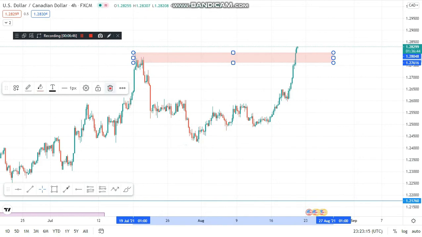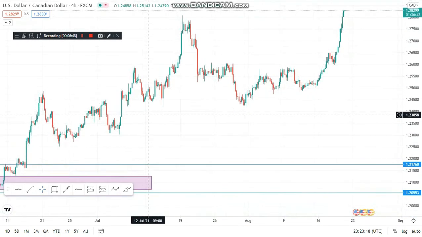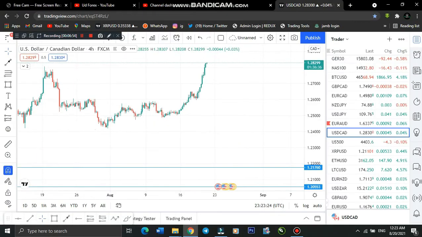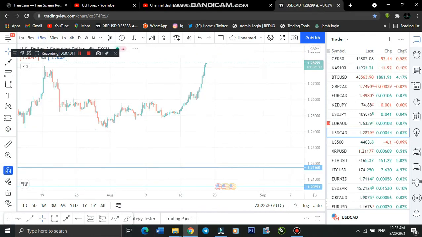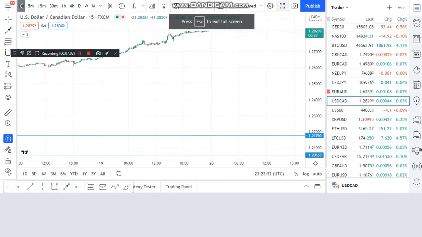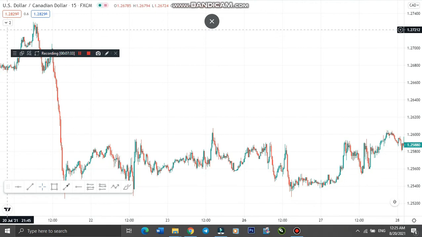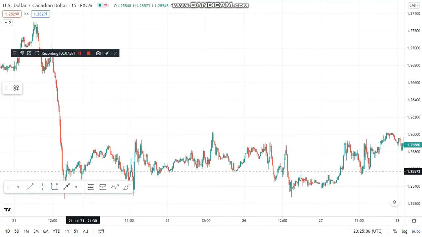Another example, I will show you another example. Okay, let's scale down to another time frame. Let's use the 15 minutes time frame, and the same currency pair against the USD. Look at this.